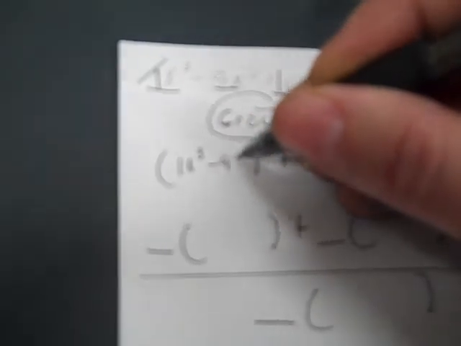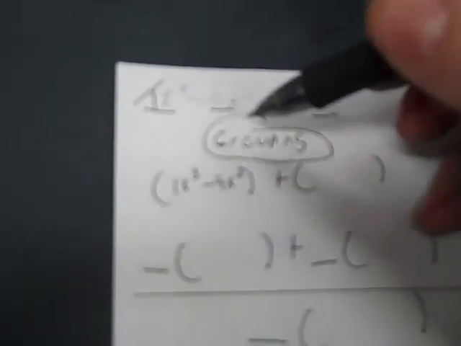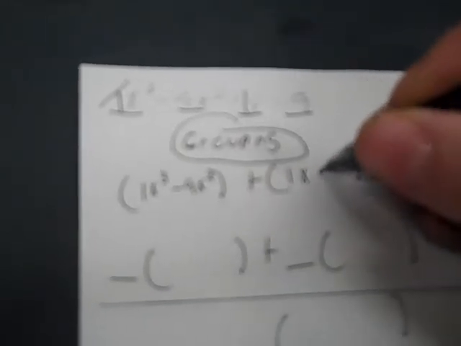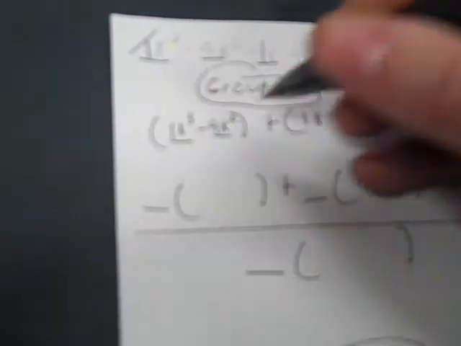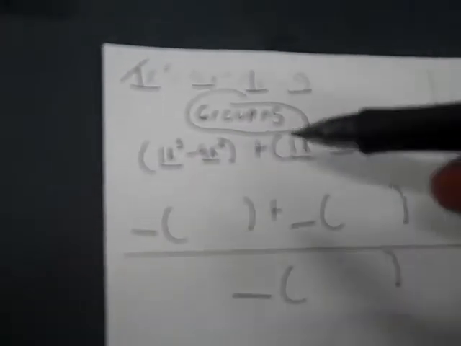We put 1x to the third minus 9x to the second. We just put the first two in. And then we put positive 1x minus 9. Now, you're going to underline each one because you're going to divide, but you're just going to look at these two first. Do you have a negative in the front?